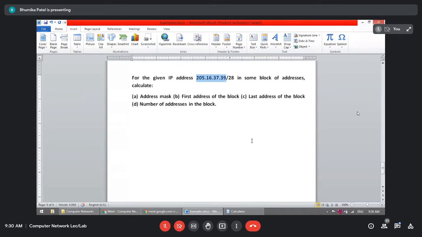We are not given any subnet mask, not even the number of subnets, nor the number of hosts in each subnet, yet we have to find the subnet mask. Address mask is nothing but the subnet mask, right? Then the first IP address of the block, and the last address of the block.